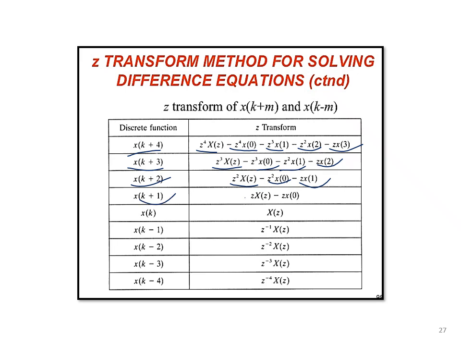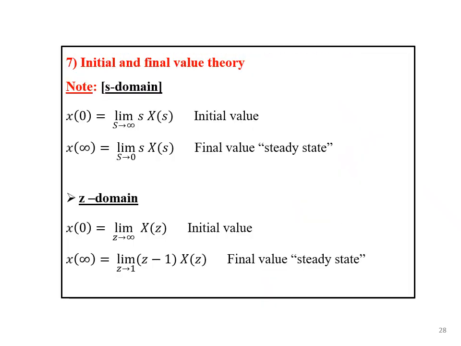For x of k plus 1, z x of z minus z x of 0. x of k equals x of z. x of k minus 1, z to the power negative 1 x of z. x of k minus 2, z to the power negative 2 x of z. x of k minus 3, z to the power negative 3 x of z. x of k minus 4, z to the power negative 4 x of z.